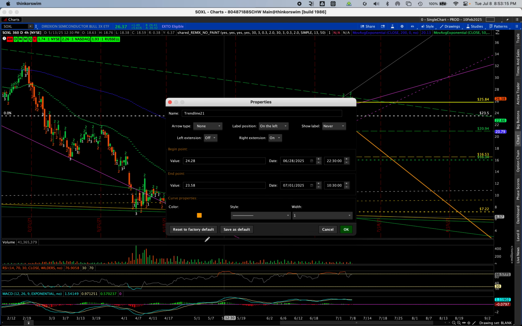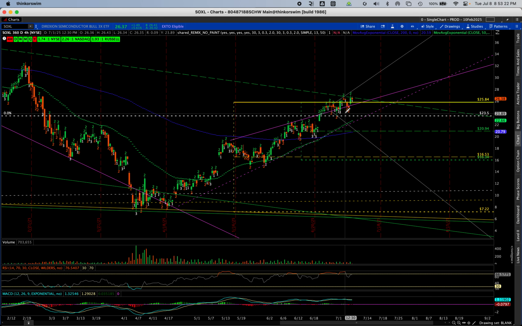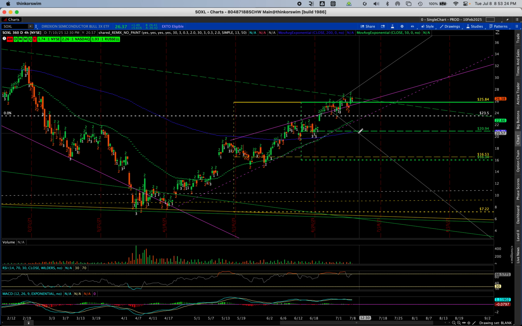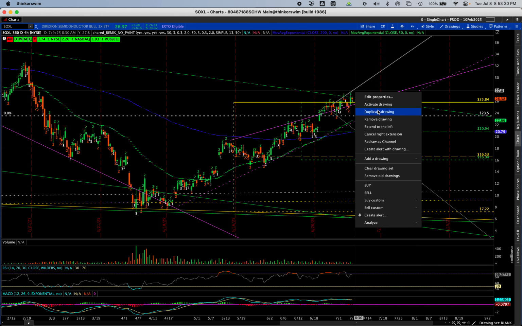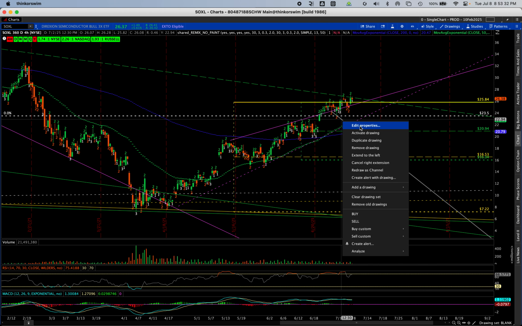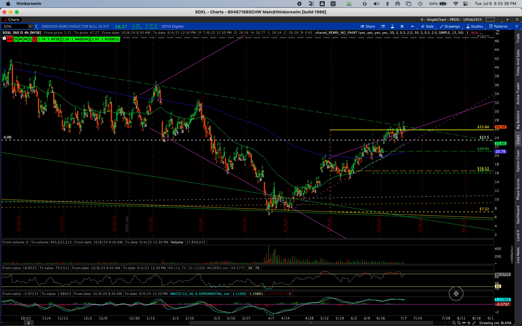Here's the downside of the 4-hour broadening. This can be done on any time frame to give you a guide as to, during that type of trade, where you should be looking for support, resistance, and things like that. So I'll take these off of here so it's not too cluttered. But it's basically as simple as that.